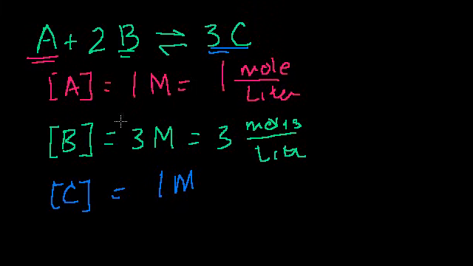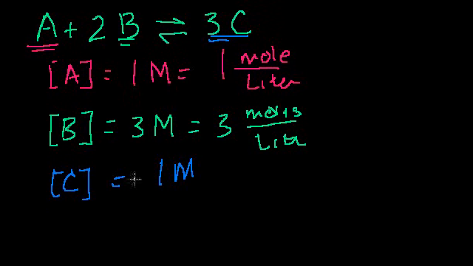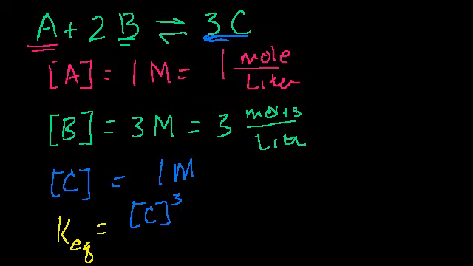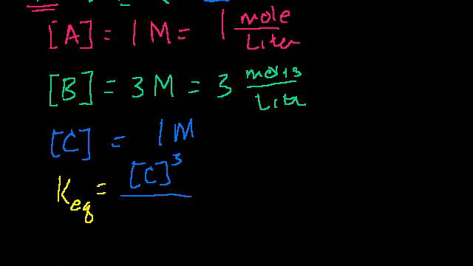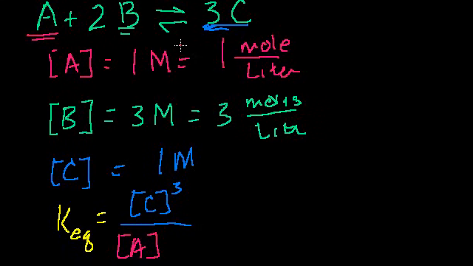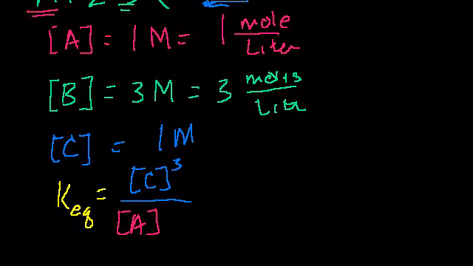So if we wanted to calculate the equilibrium constant for this reaction, the equilibrium constant is equal to the concentration of C to the third power divided by the concentration of A to the first power, because there's only 1 mole of A for every 3 of C and 2 of B, times the concentration of B to the third power.